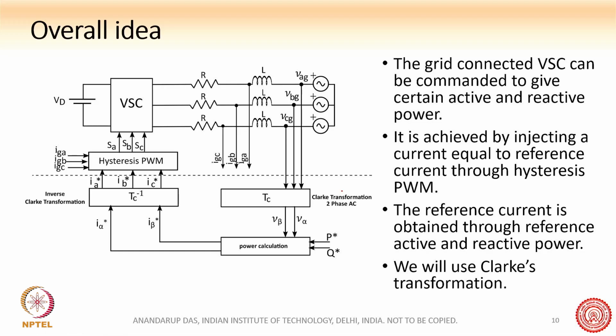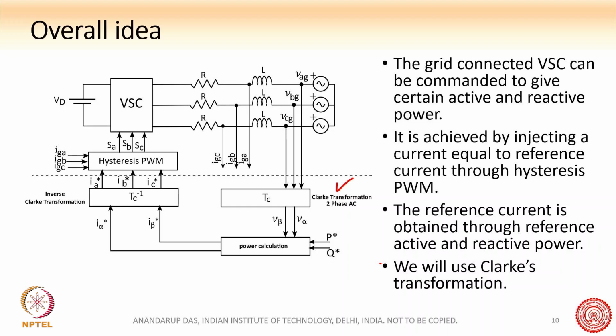If you recall, we had a Clark transformation, after which we had a Park transformation. Now hysteresis PWM switching can be used along with what is known as instantaneous reactive power theory. It can be directly used along with Clark's transformation, and that is what I will show. So we will not go into the Park transformation, and we will use the hysteresis PWM switching to control the converter using Clark transformation alone.